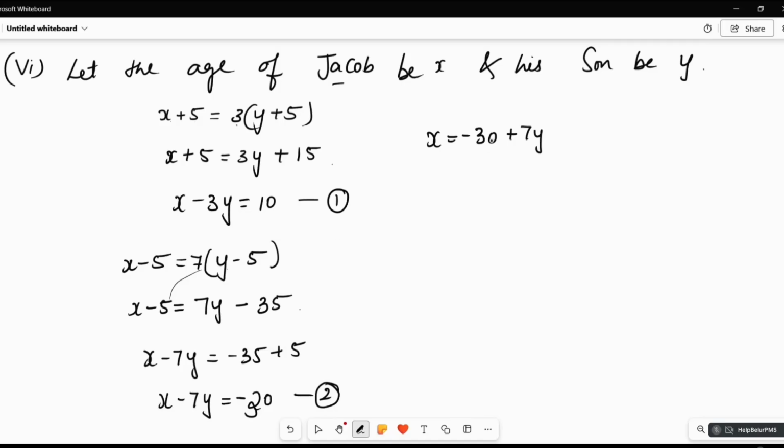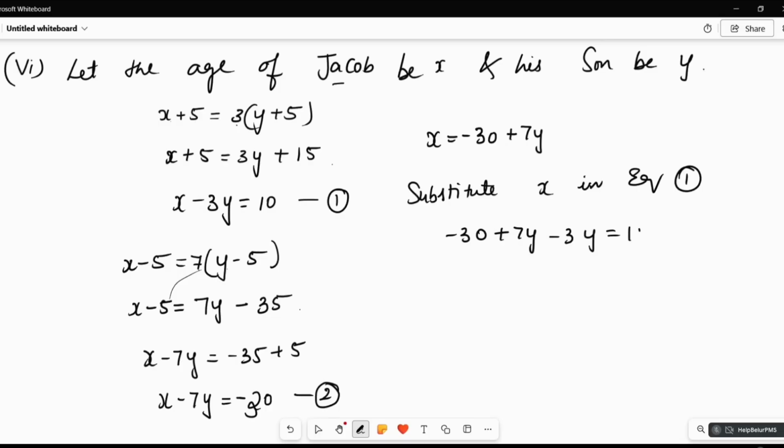So here x is equal to minus 30 plus 7y. Substitute that in the first equation, x in equation 1. So we get minus 30 plus 7y minus 3y is equal to 10.